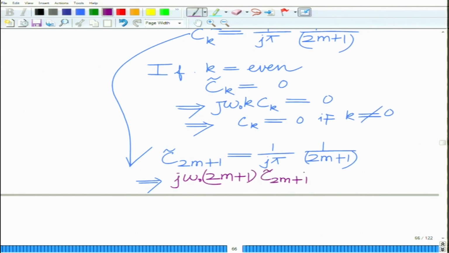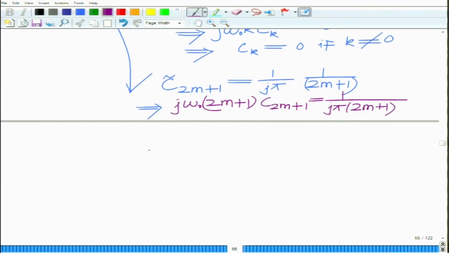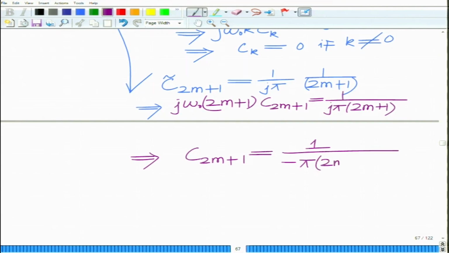c of 2m plus 1 equals 1 over j pi of 2m plus 1, which implies c of 2m plus 1, where k is odd, is 1 over minus pi into (2m plus 1) square into omega naught.